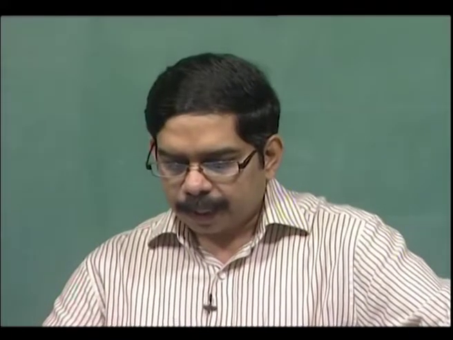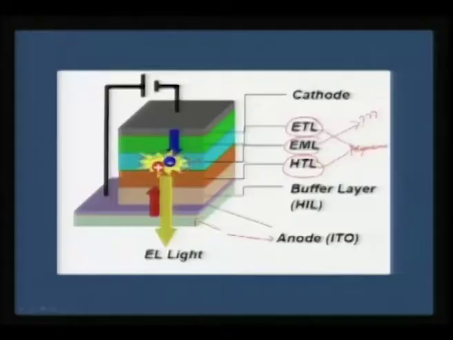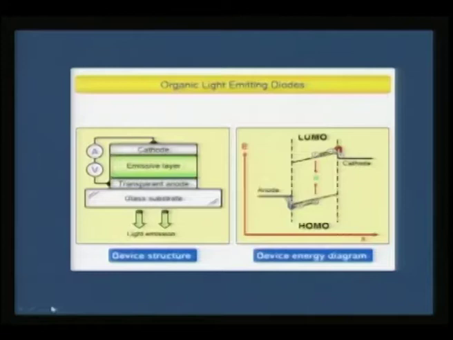In the last lecture I told you how to get white light emission, and also how these interfaces are important. Because of these interfaces I also showed you another example of how exciplex formation can lead to broad emission, that is white light. I showed you an example which we will further see today.